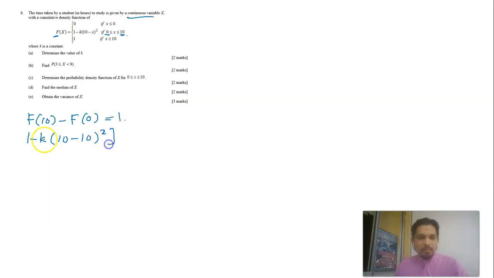The first one minus, and then when x equal to 0, 1 minus k times (10 minus 0) squared.